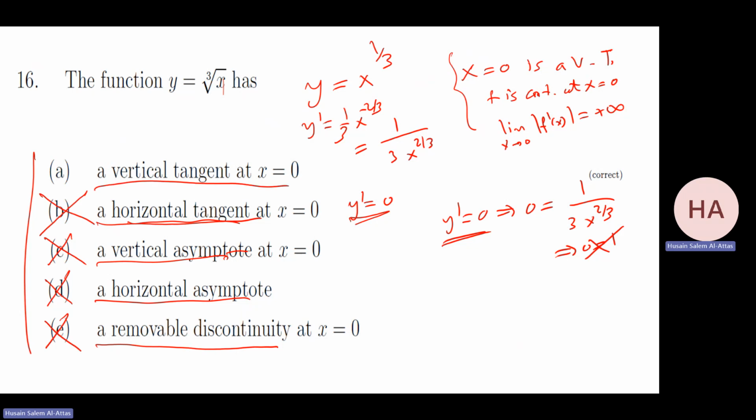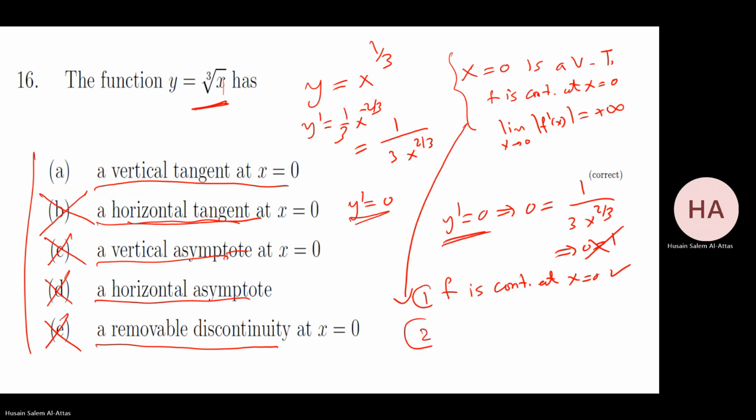Do I have a vertical tangent? Yes. Why? Look at these conditions. First, f is continuous at x equals 0. Yes, very clear. Nothing to worry about. Everything is defined. This is a cube root, so it accepts plus or minus. Second, this is the derivative.